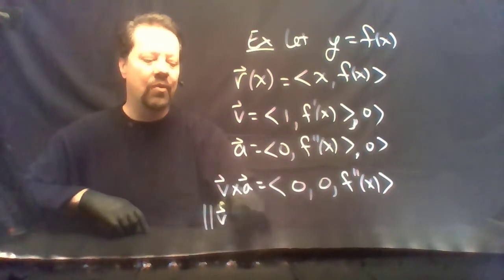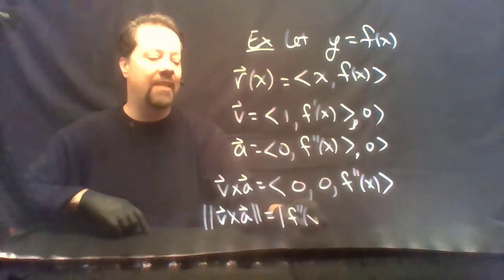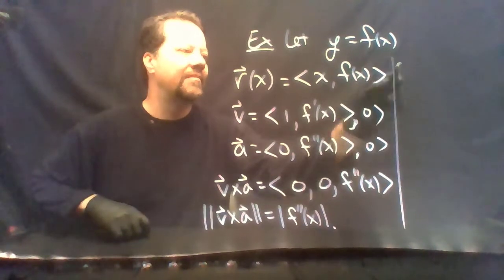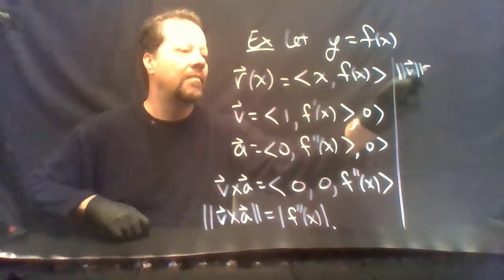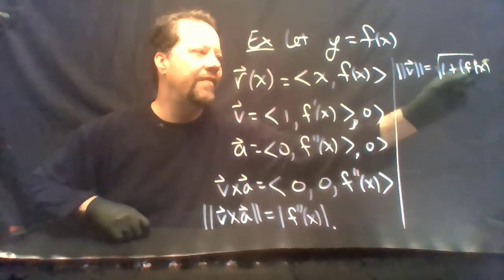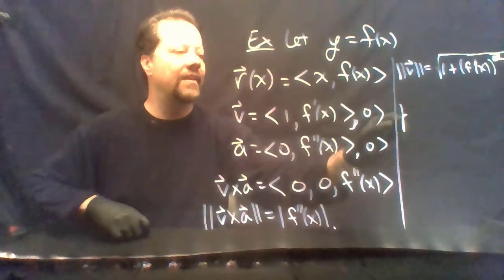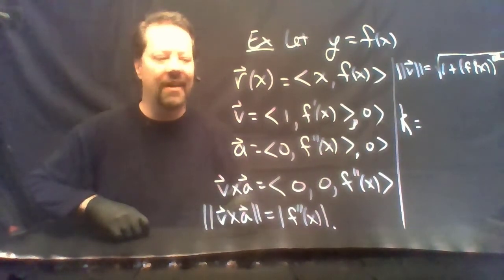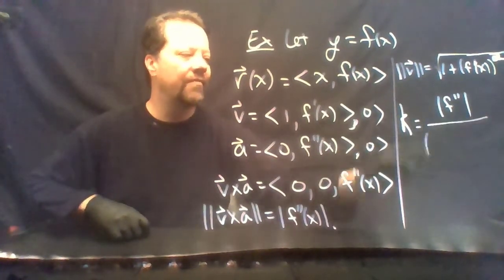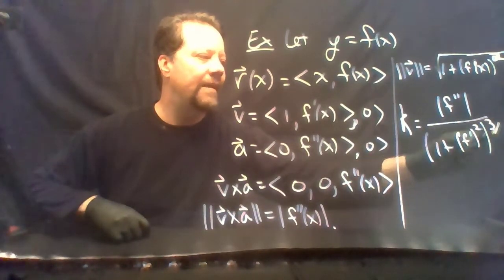It follows then that the norm of v cross a is the absolute value of f double prime of x. The norm of the velocity is the square root of 1 plus f prime of x squared, so that the curvature, and here's the formula we're trying to derive, is the absolute value of f double prime over 1 plus f prime squared to the power of 3/2.